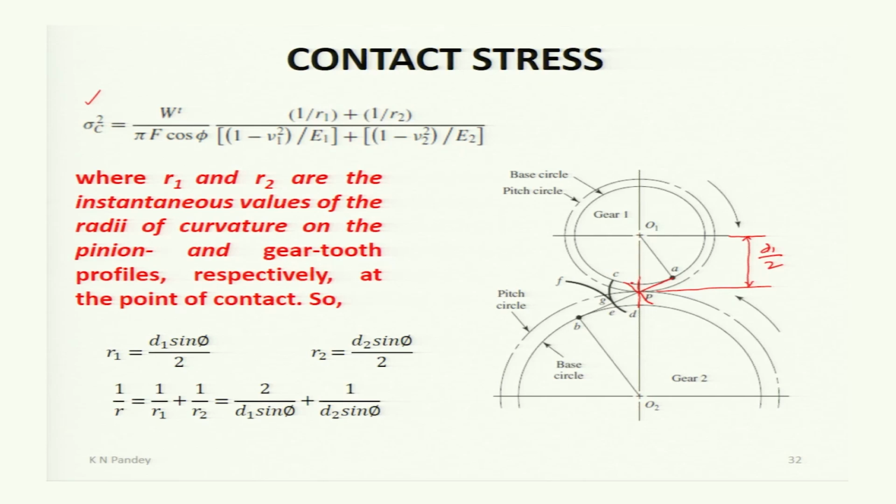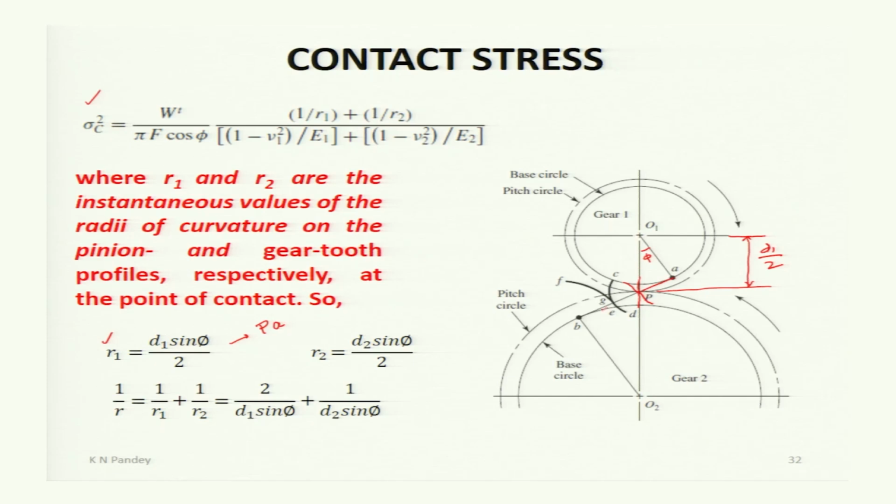And this angle is phi. So, the radius of equivalent cylinder R1 will equal D1 divided by 2 sine of phi, this distance, capital PA.